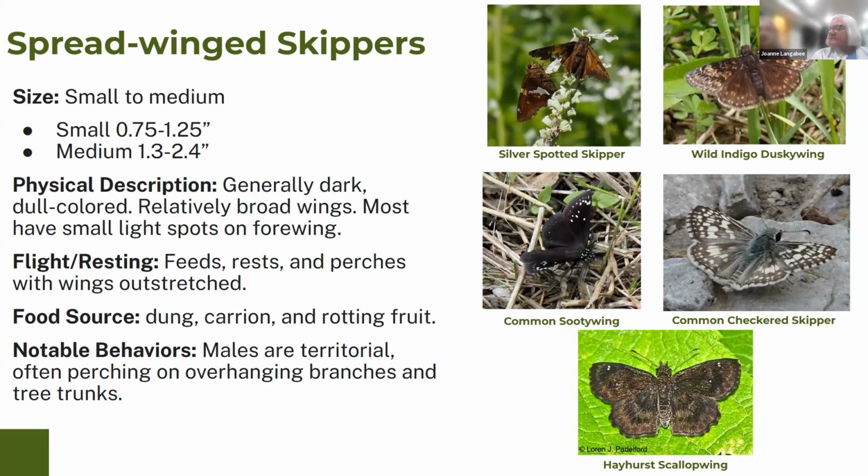And like I said, they keep their wings open while they feed, rest, perch. The males are territorial, so they often perch on overhanging branches and tree trunks and wait for the females to come by, or perch for sun. Now their food source is dung, carrion, and rotting fruit. So they don't need to be around flowers.